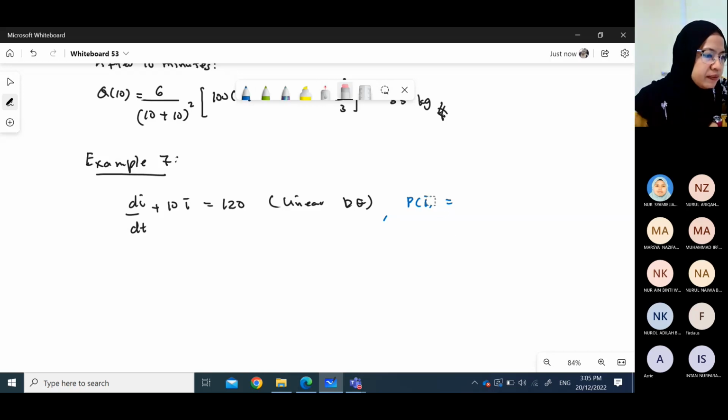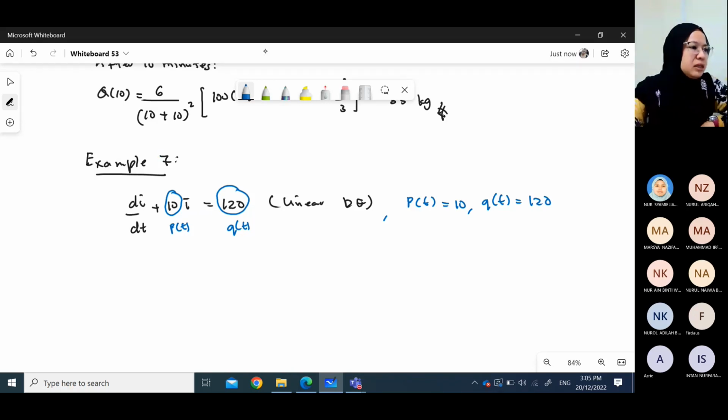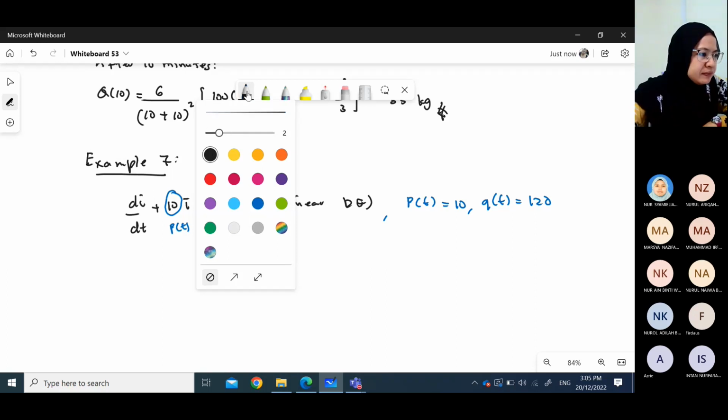P of t equal to 10. This one is P. This one is our Q, 120. Okay, so first we need to find the integrating factor.